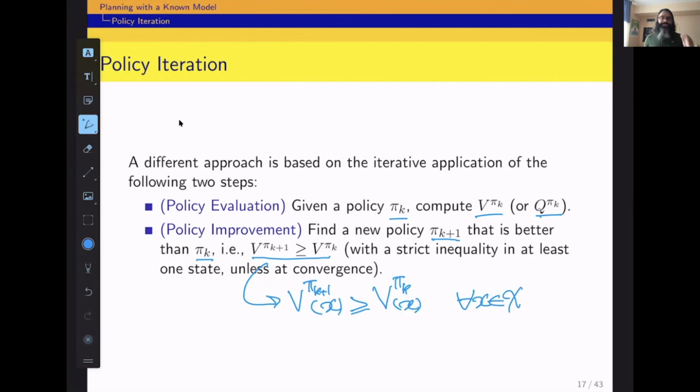And in at least one of the states it should be a strict inequality, so there should be some, say, x0 such that it is strictly greater, unless we have converged, unless there is no room for improvement. So this is called policy improvement.